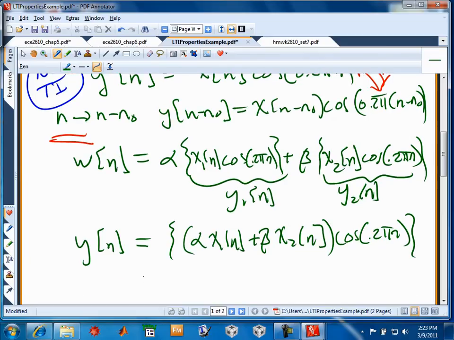So now if we work through the algebra on that, what do you see? It agrees, right? It works.